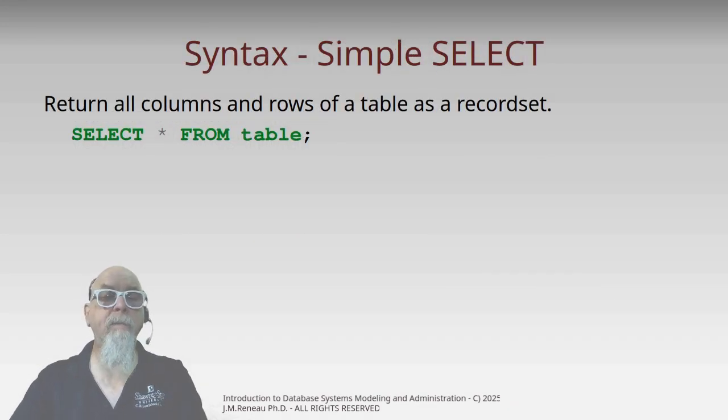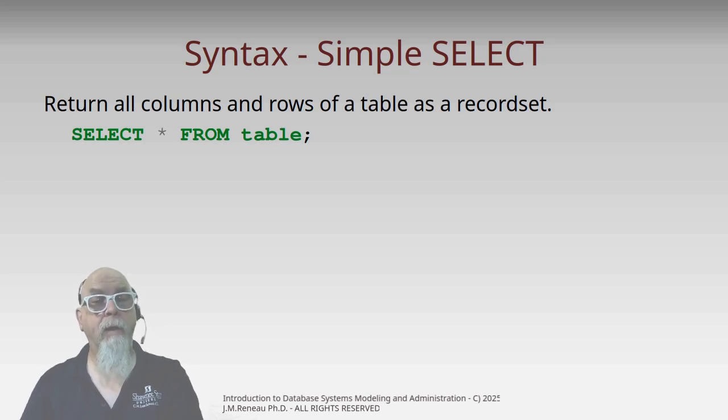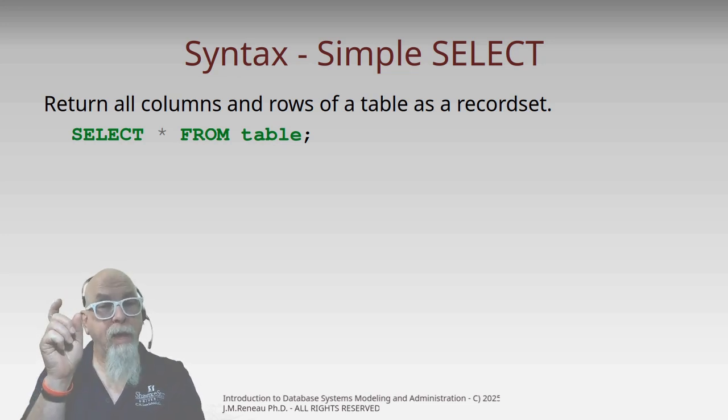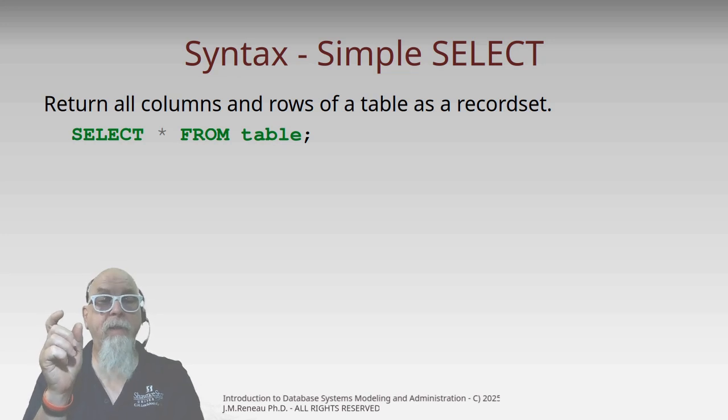The select statement usually has the form of select something from somewhere. We can see the statement above says select star from table. So this is going to retrieve all columns, because where the star is, you can define columns and lots of other things.